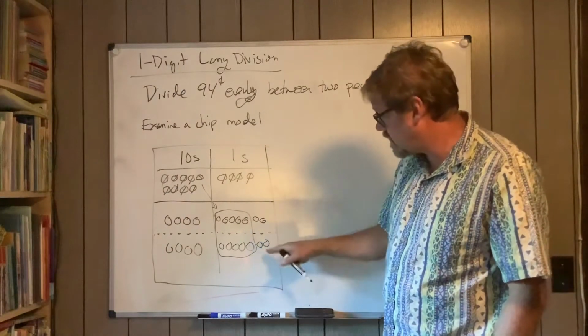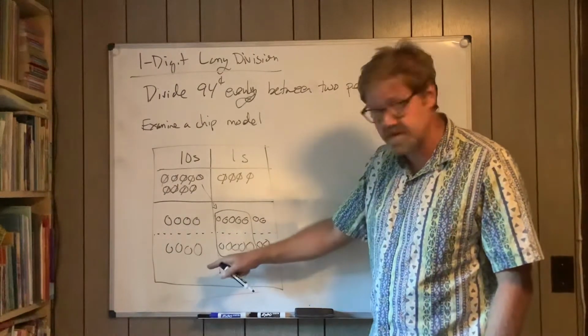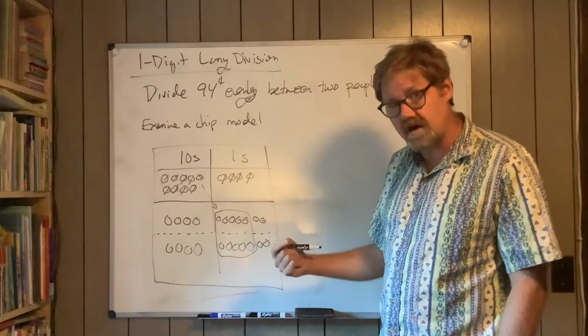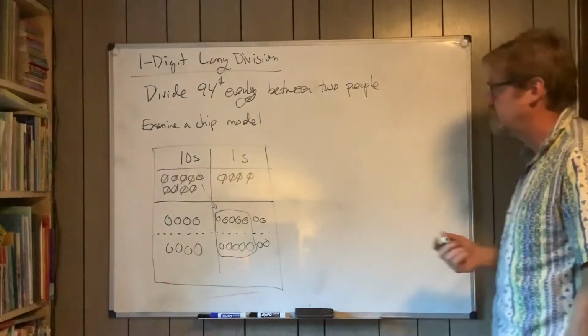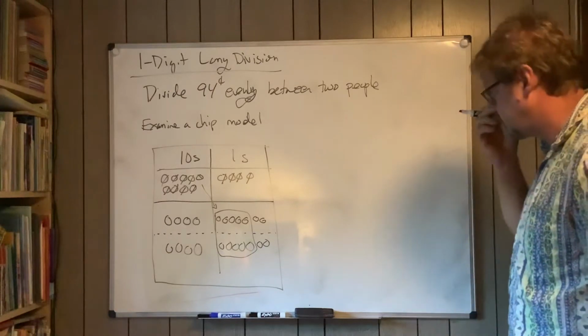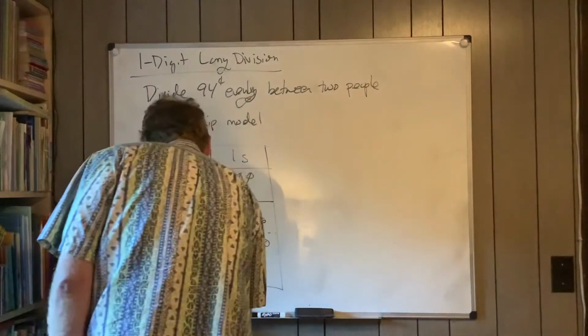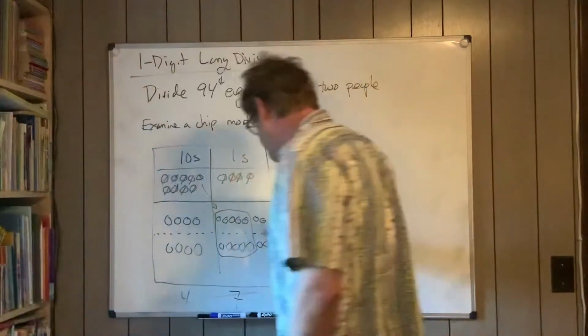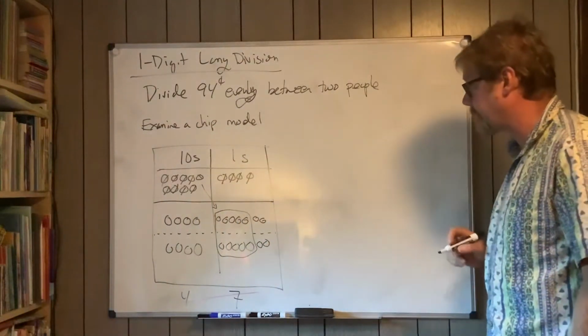So 2 times 47 would be 94. I'm doing exactly the opposite of the chip model for multiplication. Each of these 2 groups is 47.